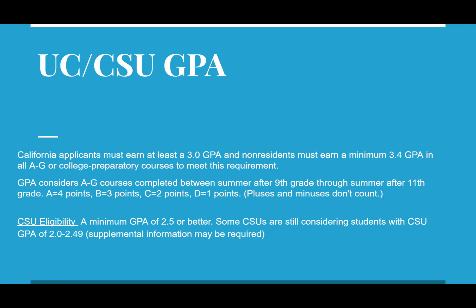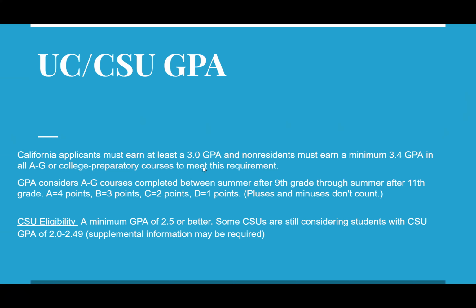For this GPA calculation, do we have to calculate and enter it in the UC application, or do UCs calculate themselves? UCs and CSUs will calculate the GPAs themselves, but it's good for students to know where they stand, especially if they're on borderline GPAs, when deciding whether to apply.